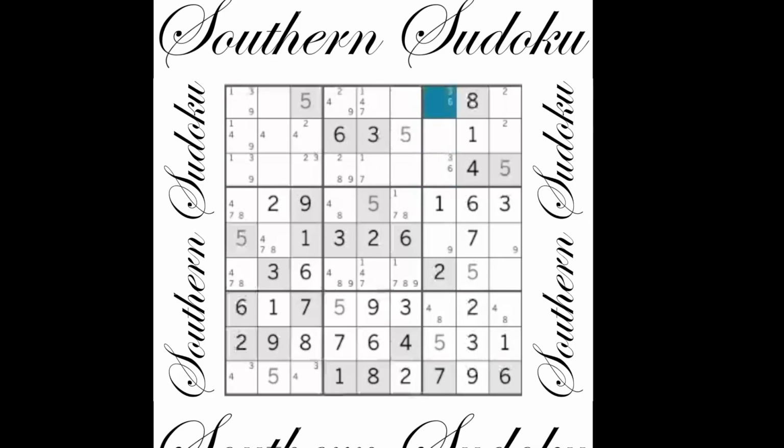So the 6 in this block here. 6 can't be there or there because of this. 6 can't be in the middle, those are filled. Can't be there because of this. So these two are down to 3 and 6. They have to be 3 and 6.